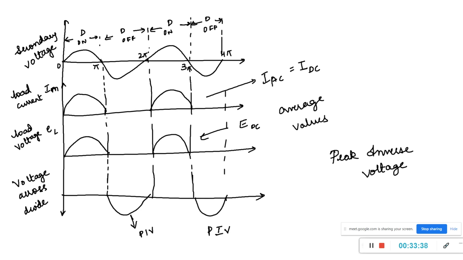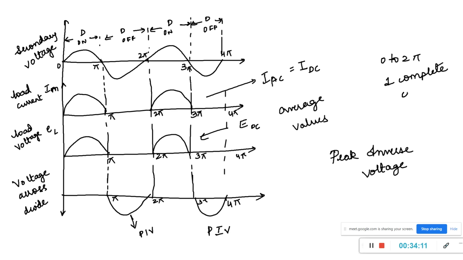So everywhere you have to write pi, 2 pi, 3 pi, 4 pi. You should write it, okay? All of you should write it. 0 to 2 pi is considered to be one complete cycle.